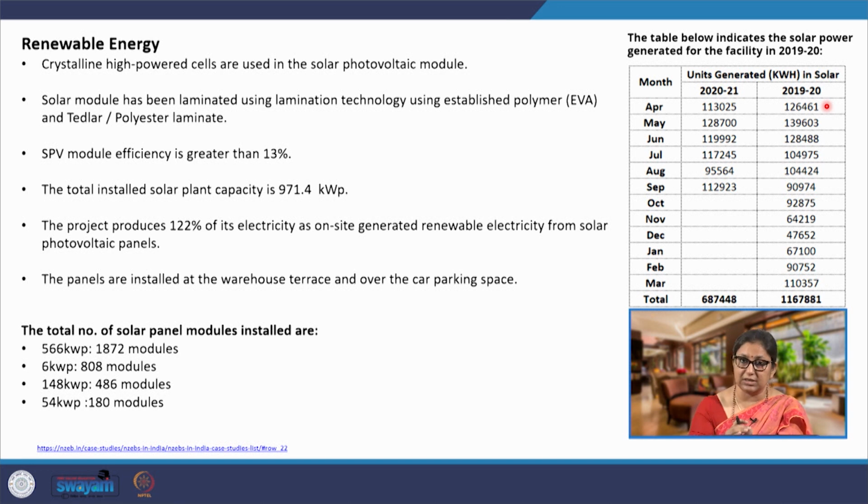And photovoltaic, because we are a tropical country, almost throughout the length and width of the country we receive a fairly good amount of sunlit hours. So photovoltaic comes out as one of the most promising strategies for generating renewable energy, and that has been exploited in most of these case studies.